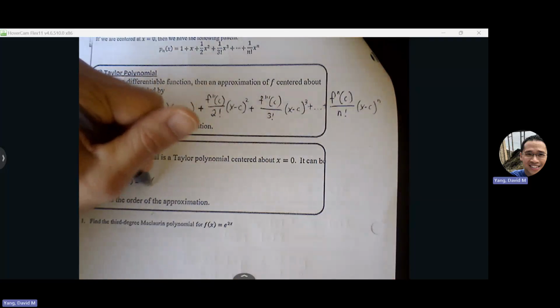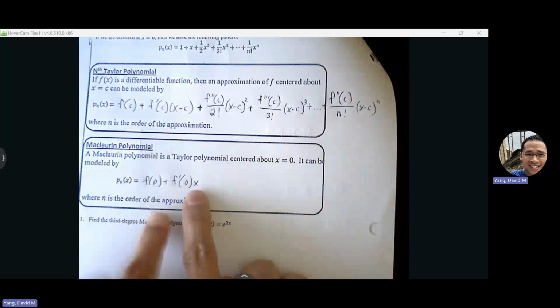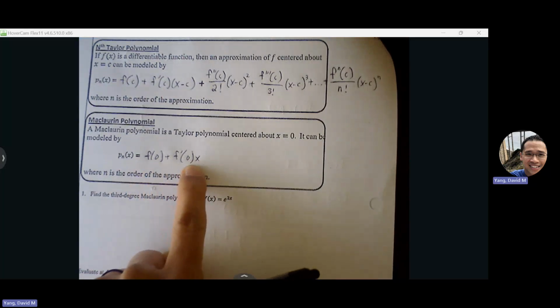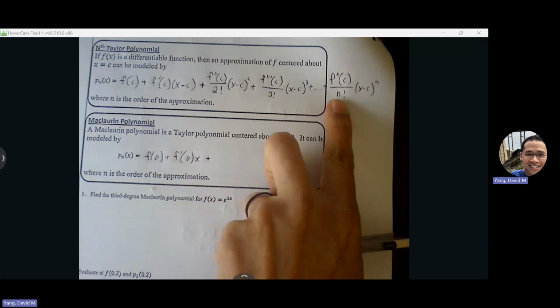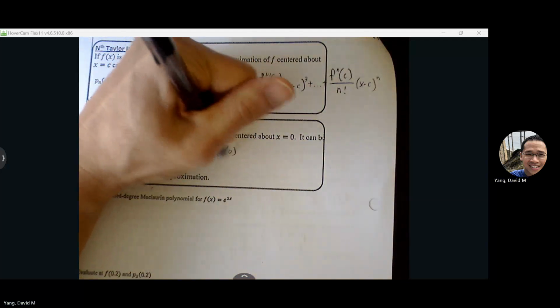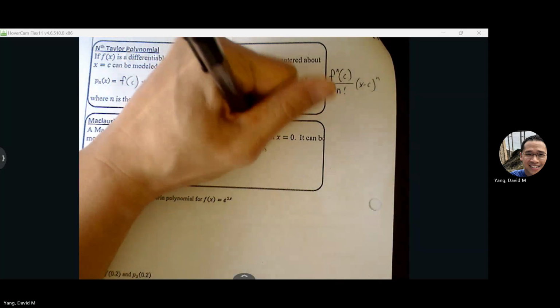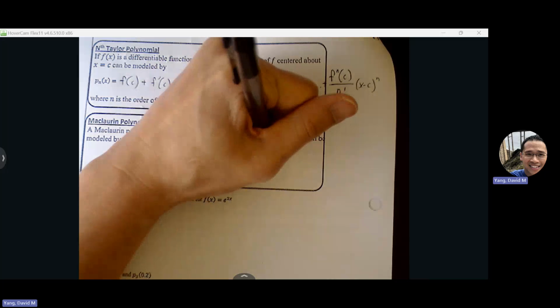So it's going to be f of 0 plus f prime of 0 x. It's still a tangent line equation, still y minus y sub 1 equals m times x minus x sub 1. But then after the tangent line equation, it's going to start looking like this form here. It looks a little bit cleaner because the 0 is going to wipe out the center.